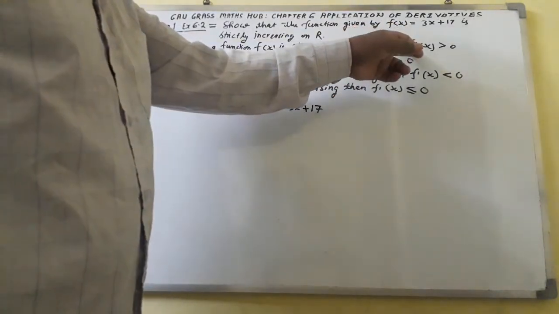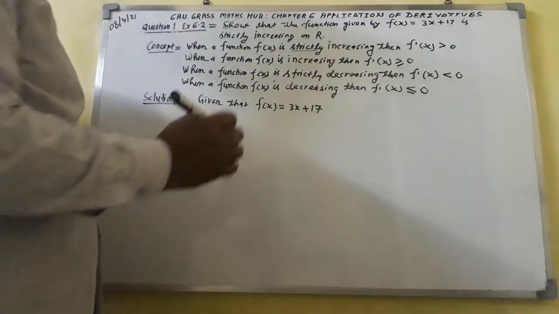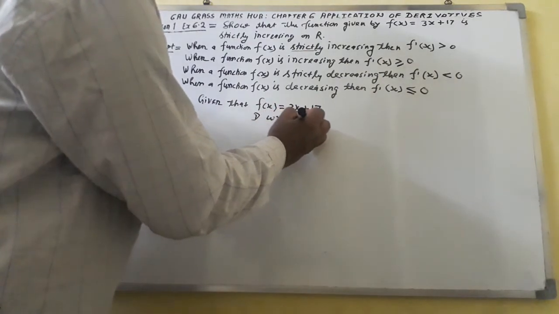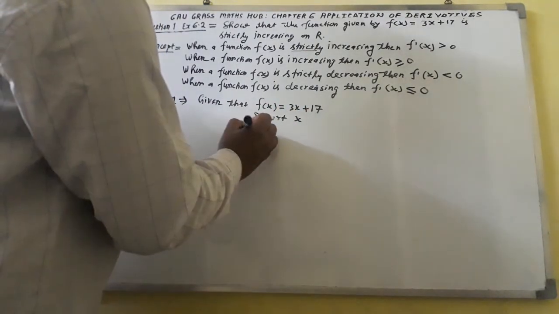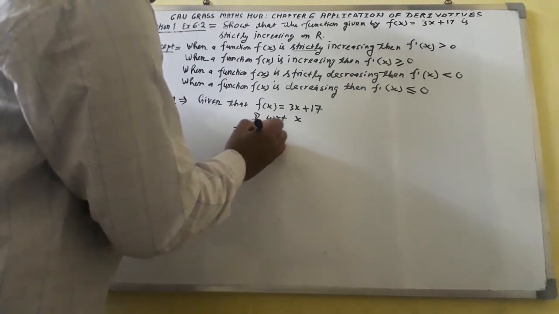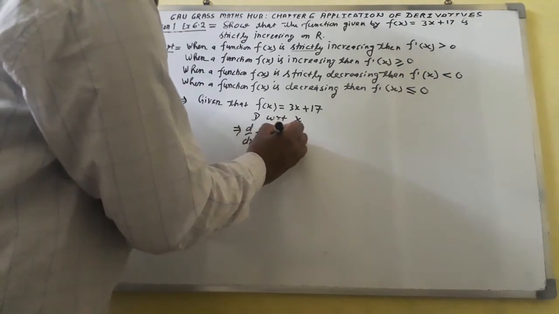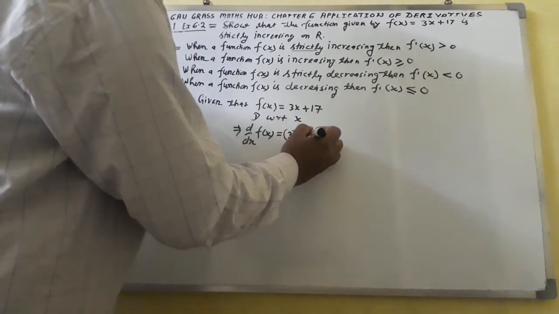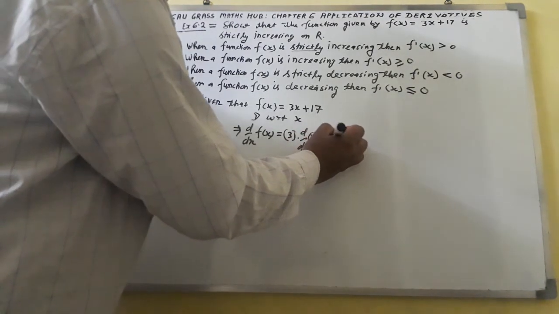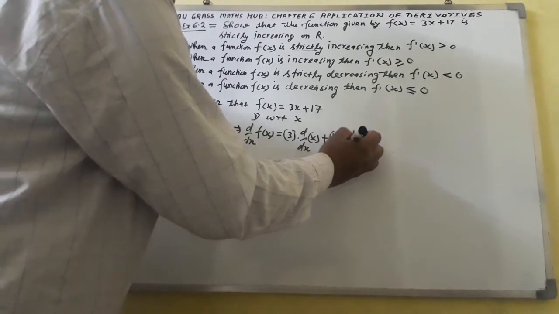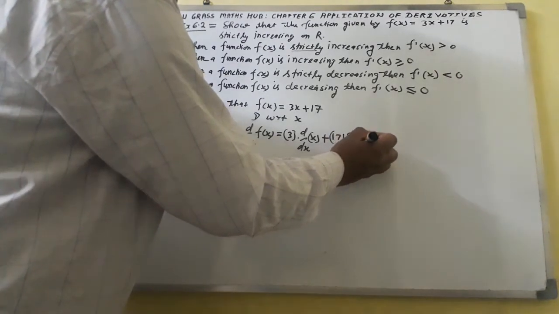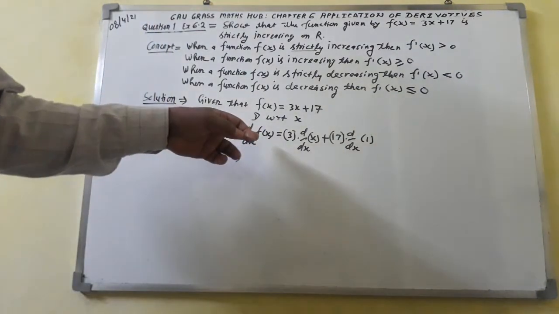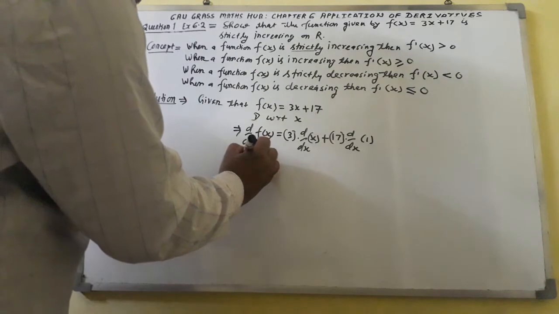First of all, we shall find f dash of x. Differentiating with respect to x, d over dx of f of x equal to 3 times d over dx of x plus 17 times d over dx of 1. d over dx of f of x comes out to be f dash x.